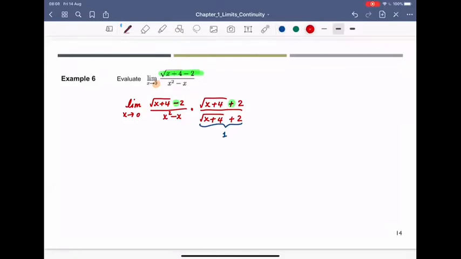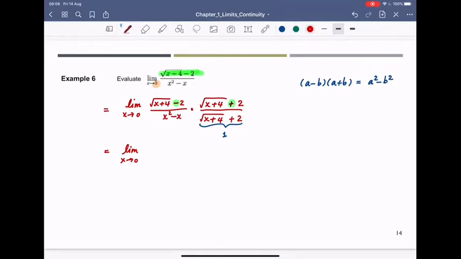And then once I multiply by its conjugate, I can simplify it. The good thing about this question is that once you multiply by the conjugate, you can use the identity that (a minus b) times (a plus b) is equal to a squared minus b squared, right?